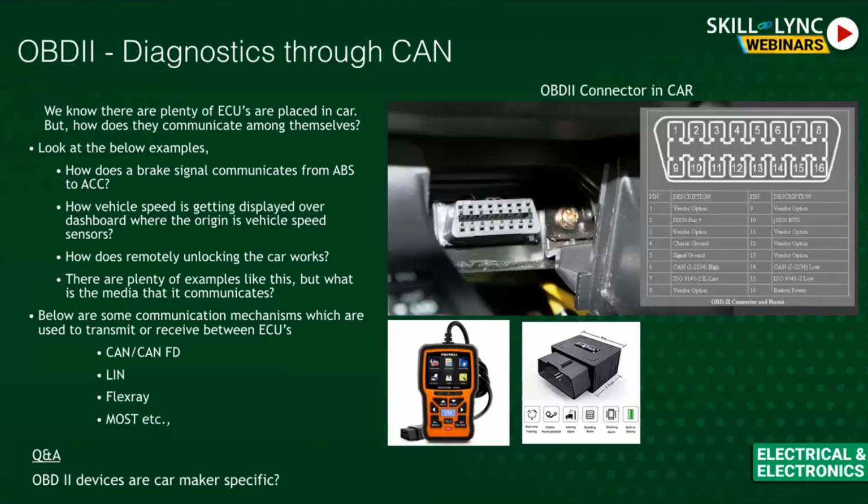In every car you can see this connector under the steering column, nothing but this OBD connector. To this connector, you will be able to connect the bottom device, the yellow one or orange one. So you will be able to request the diagnostics, and you can read any information with this device.